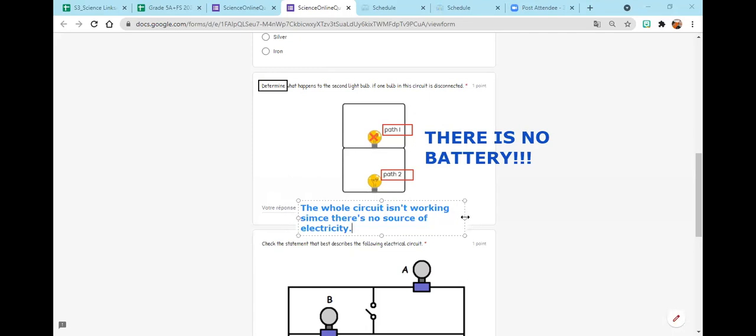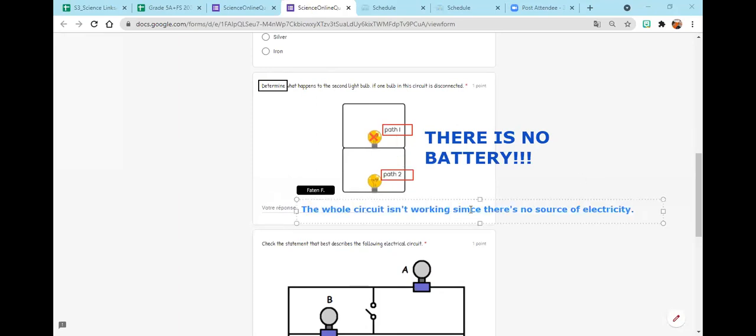This is the answer. For this reason, both bulbs aren't working, we do not care if one of them is connected or not. Don't forget, for all those who wrote the correct answer, you didn't take the full mark, because when you determine, you need to tell why.